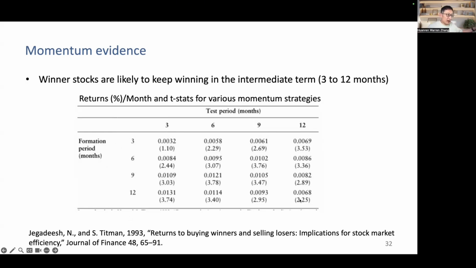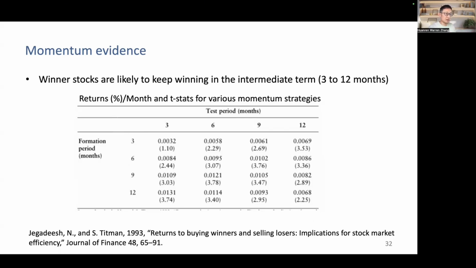So by calculating the correlation of the formation period and the test period, we are able to identify this momentum. And we see that across all different time spans, we are able to observe the positive correlation. So that is indicating this momentum strategy could work in the intermediate term, right?